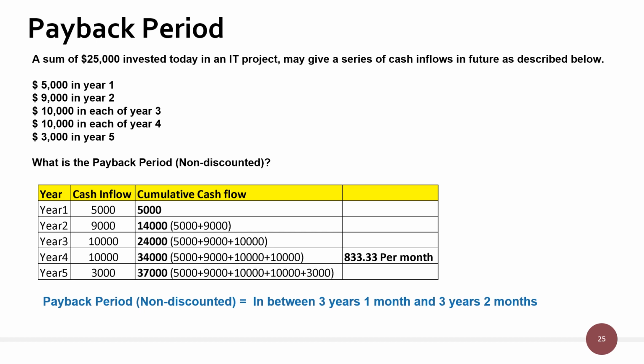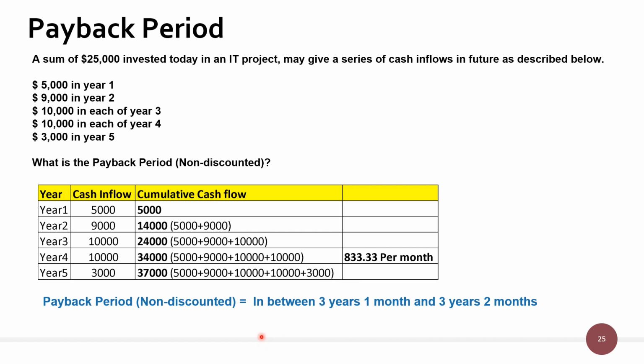One more 1,000 has to be added to this. For that we go to the next year, the fourth year, whose value is 10,000. For 1 year there are 12 months, so 10,000 divided by 12 gives this monthly value.